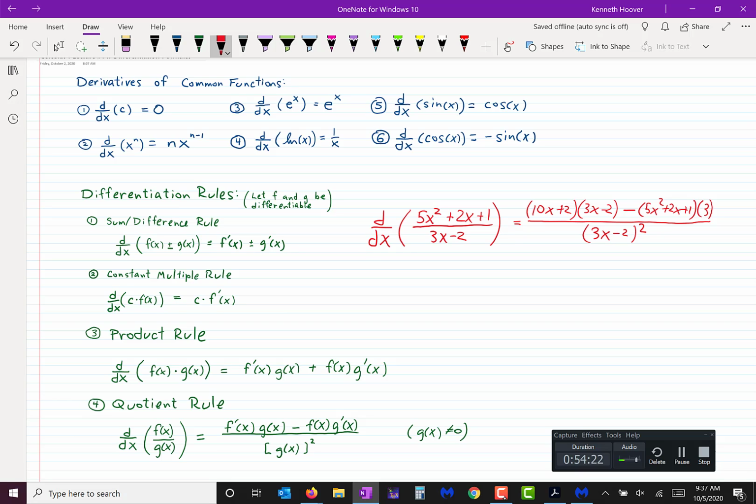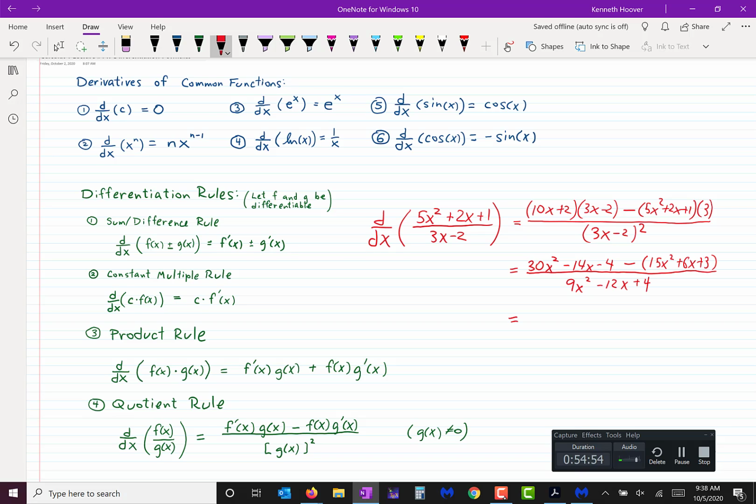And now it's just a matter of algebra. Let's just work that out. So we're going to have 30x squared minus 14x minus 4 minus 15x squared plus 6x plus 3 over 9x squared minus 12x plus 4.